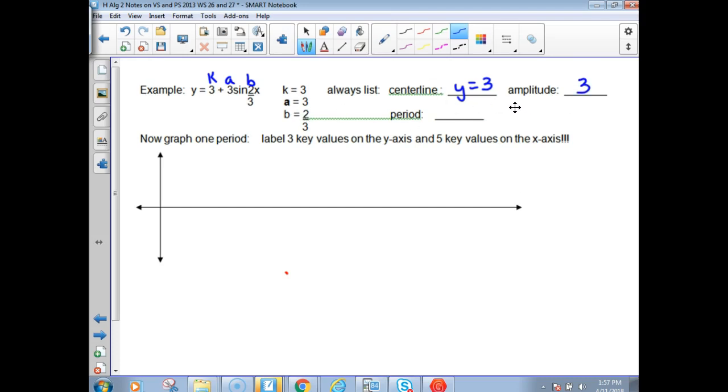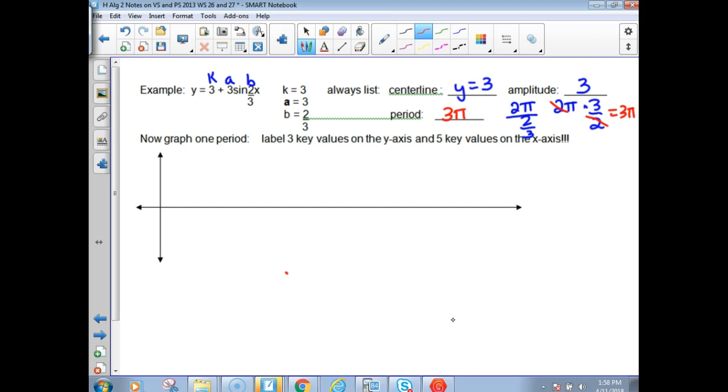The period, you take 2 pi, the original period for the sine wave, and you divide it by 2/3, the B value, which takes us to multiplying by the reciprocal. So 2 pi times 3/2. The 2's cancel out, and you get 3 pi. Okay, so the period is 3 pi.